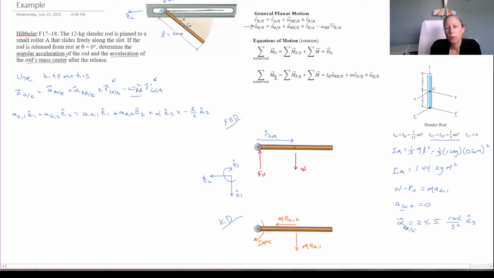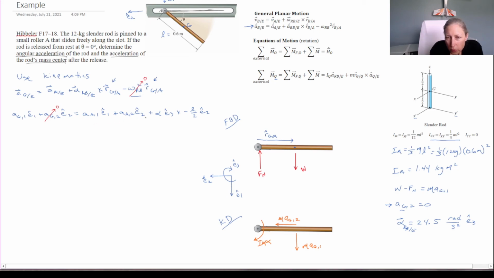So remember, we're looking at this problem just after it's released. And so initially, the angular acceleration may not be 0, but the initial rotational speed is going to be 0. So we can just say that is 0. All right. Now, okay, what can we do now? So we know that the acceleration of G in the E2 direction is 0, so we can get rid of that. We know that is 0.